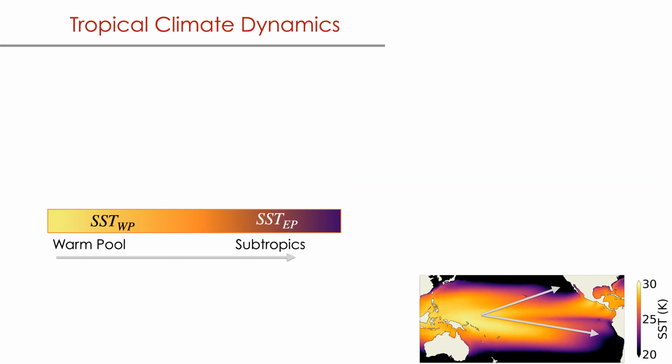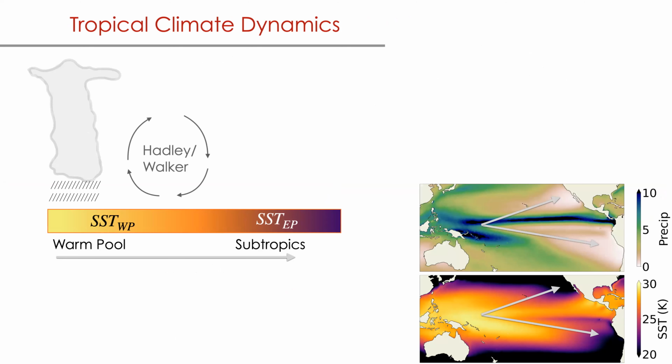So as we know, this SST gradient leads to a circulation pattern with deep convection and precipitation over the warm SSTs, and a Walker circulation that leads to subsidence and no precipitation over the cold SSTs.